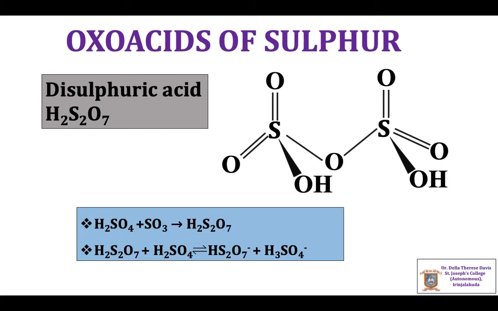Disulfuric acid is H2S2O7. It is otherwise known as fuming sulfuric acid or oleum. The structure of disulfuric acid is shown here. It is also called pyrosulfuric acid.